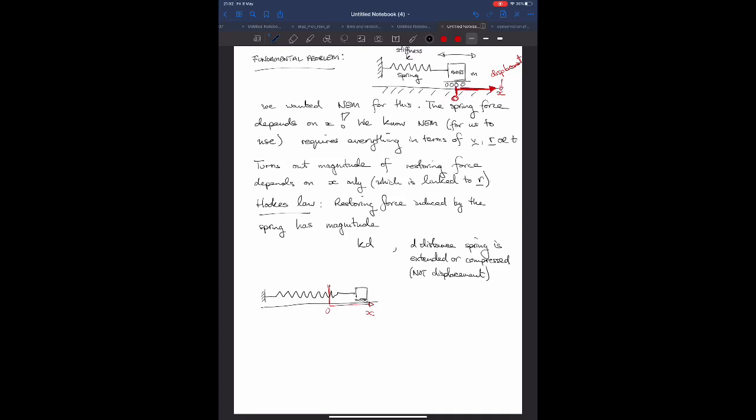Okay, so we've taken this and we've extended it some distance d. Now here our displacement is positive. So displacement positive.